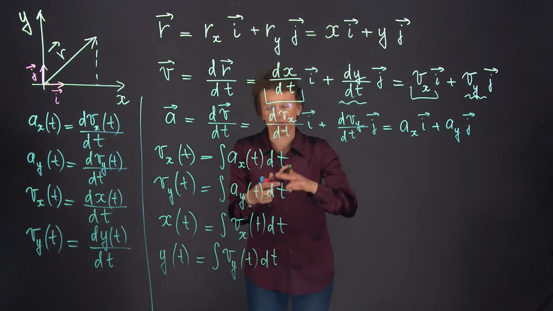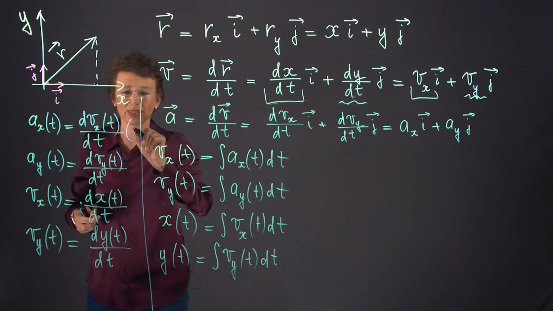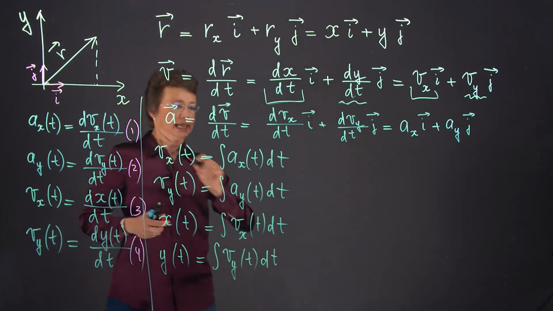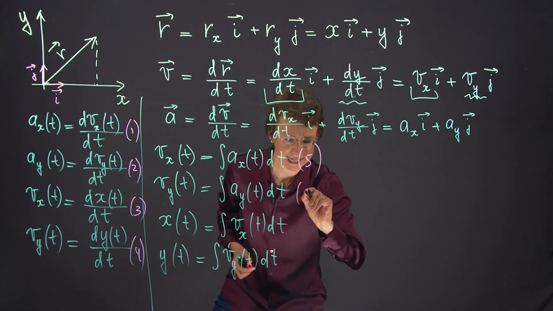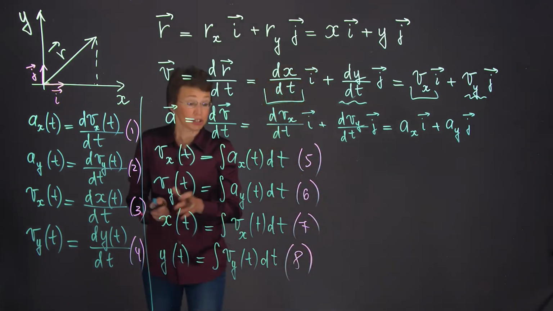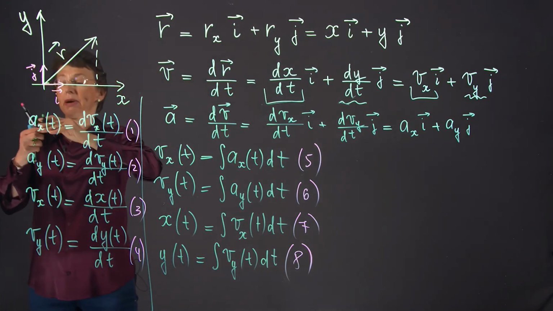So let's number these formulas. What will be the numbers? I will call them 1, 2, 3, 4, 5, 6, 7, and 8. So now we have these 8 formulas for two-dimensional motion.